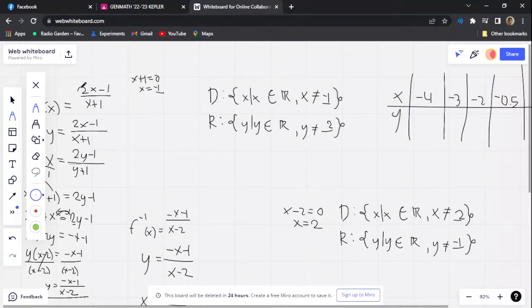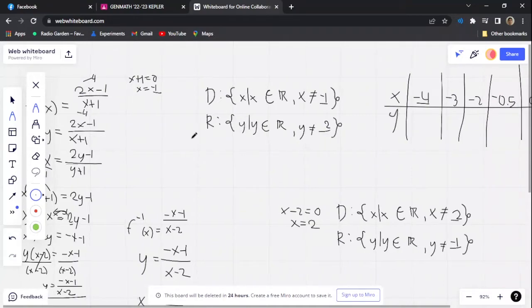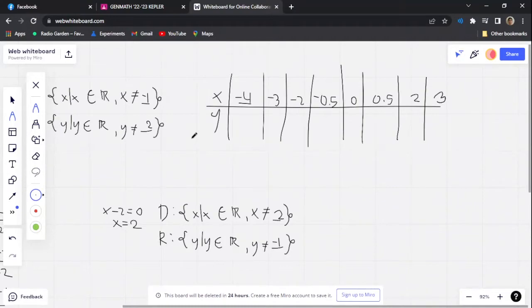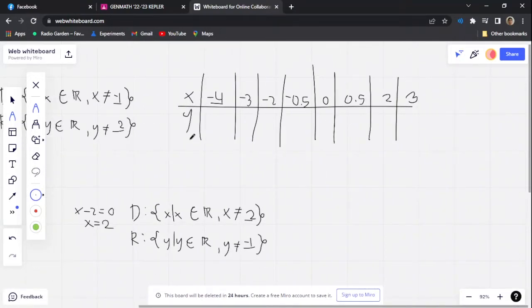So it becomes 2 multiplied by, for example, negative 4, 2 multiplied by negative 4 minus 1 over negative 4 plus 1. So we solve this. I already wrote down the y values.